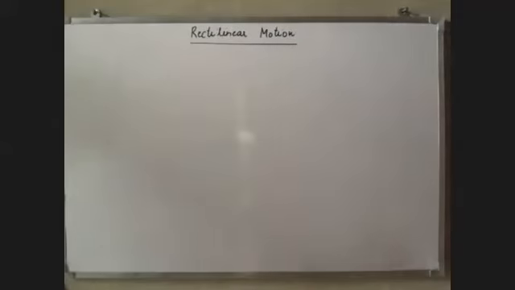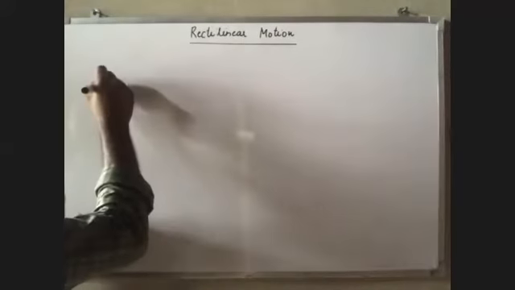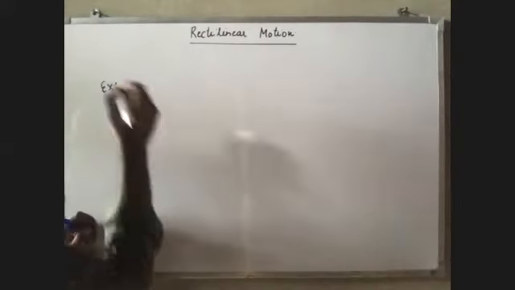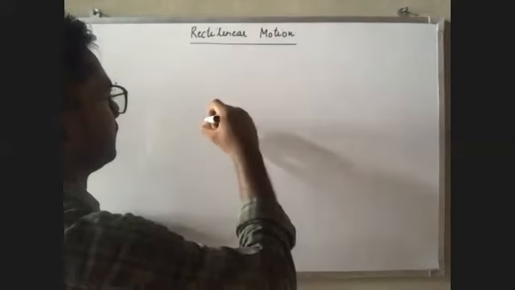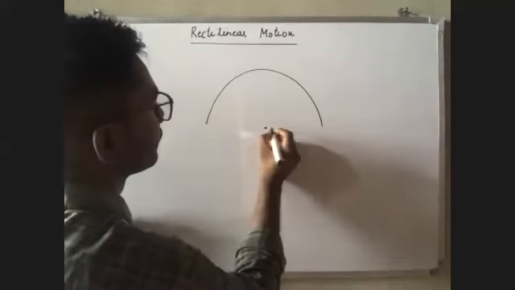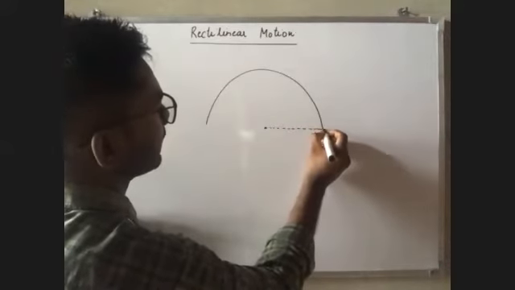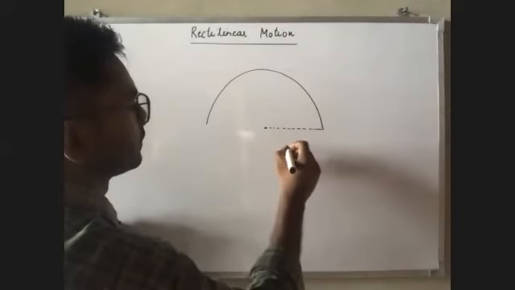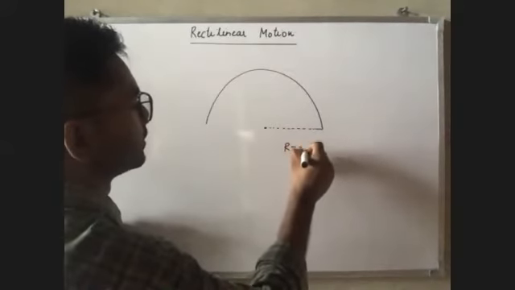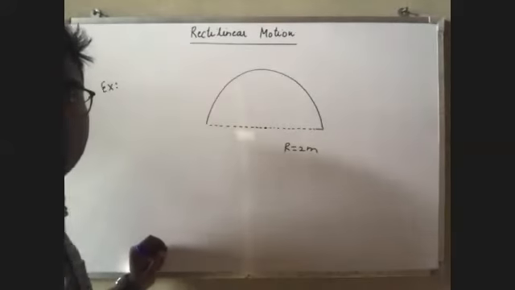Now, try to solve this question. Let's suppose this is a semicircle. The radius of this circle is given as 2 meters.